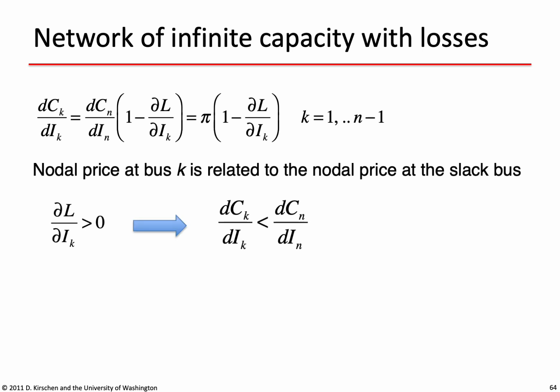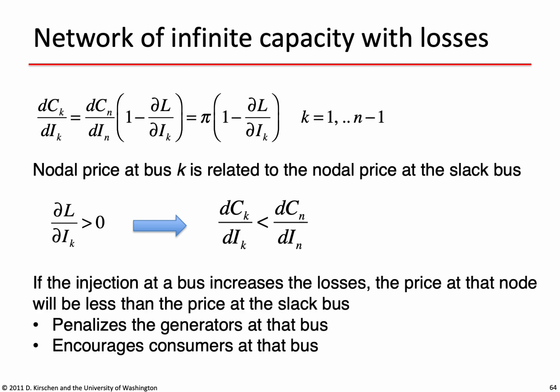So if dL over dIk is positive, we will have that dCk over dIk will be less than dCn over dIn. Now, what does that mean? Well, it means that if the injection at bus k increases the losses, dL over dIk is positive, the price at bus k will be less than the price at the slack bus.